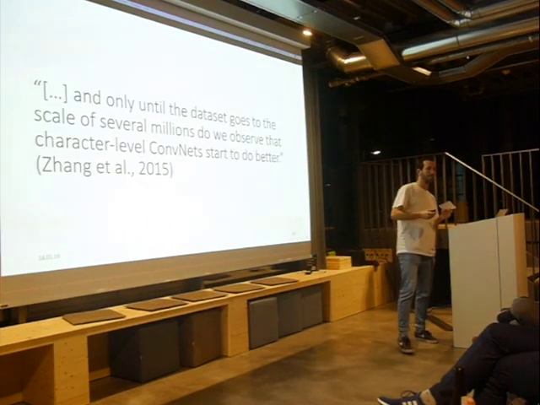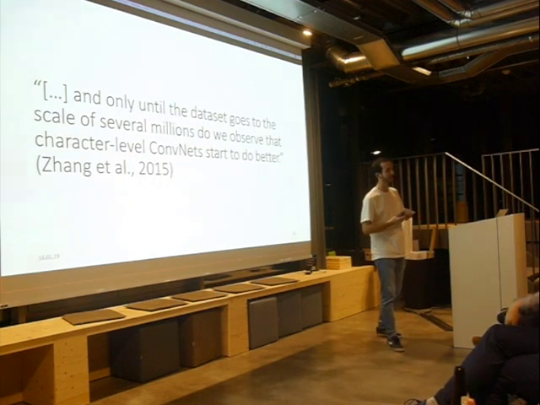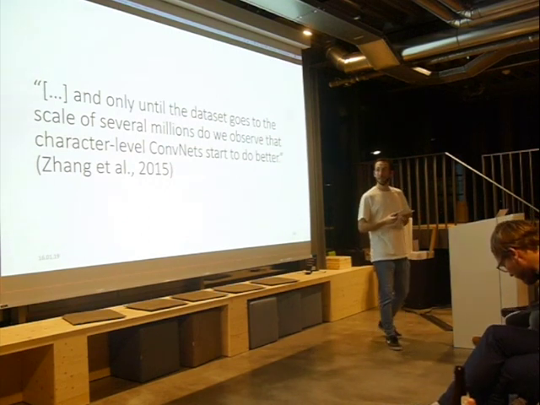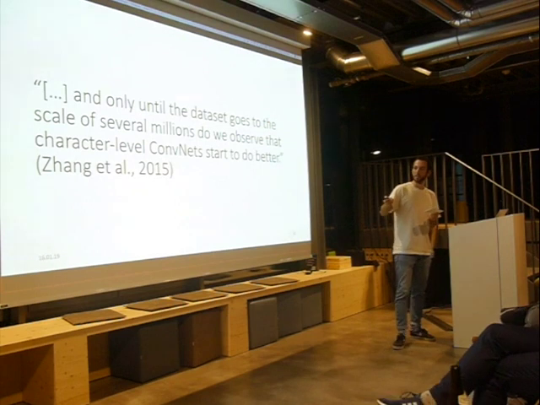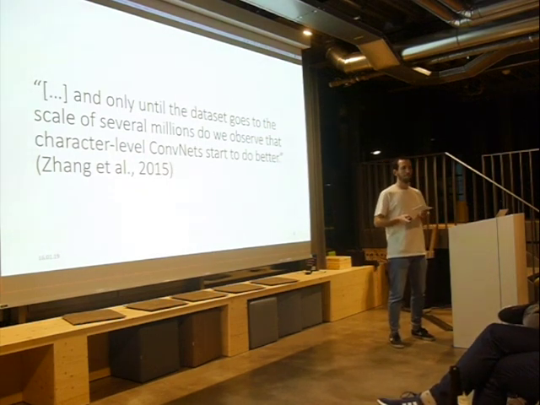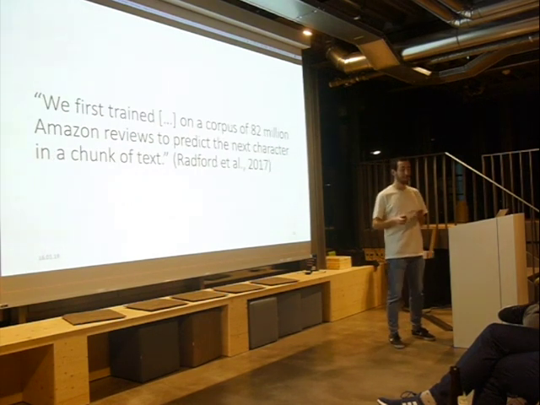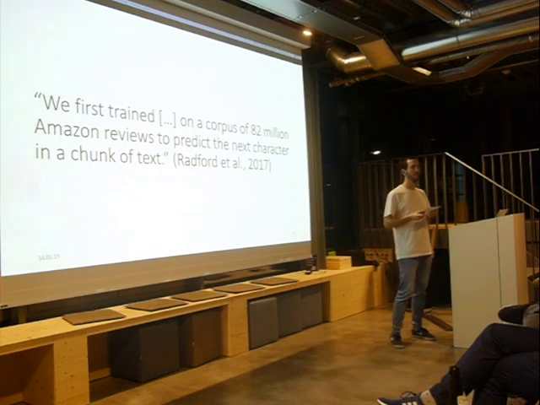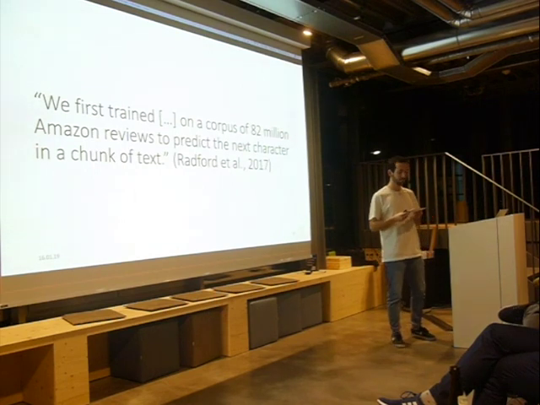The downside of this approach is that you need a lot of data. As stated by Chang in 2015, it only works when you have millions of texts. For example, the research group of OpenAI used 82 million Amazon reviews.